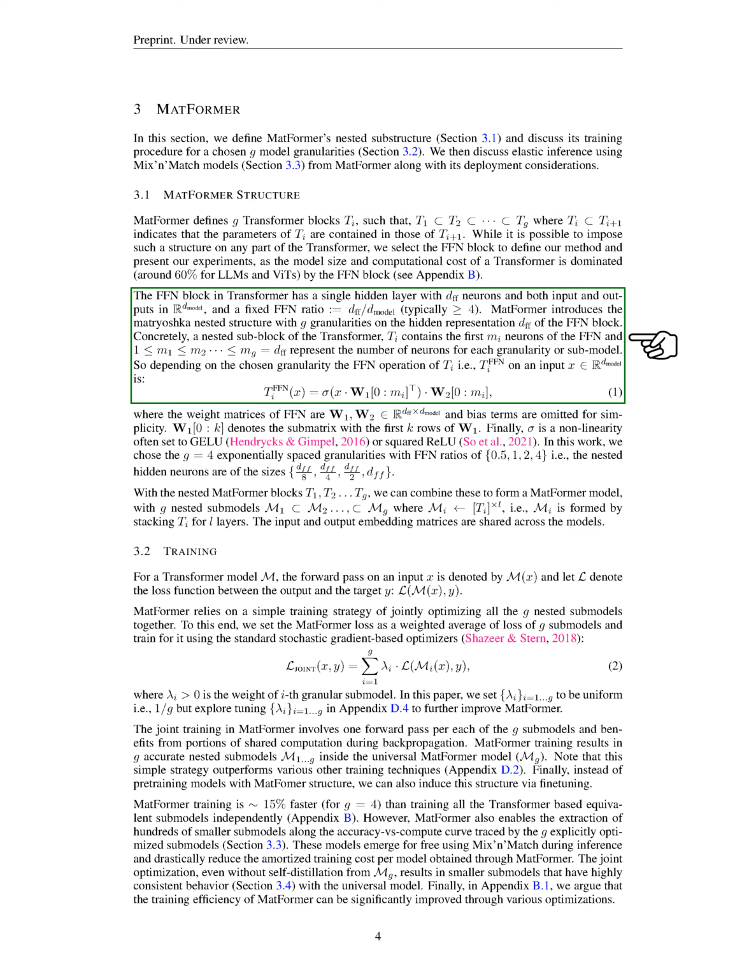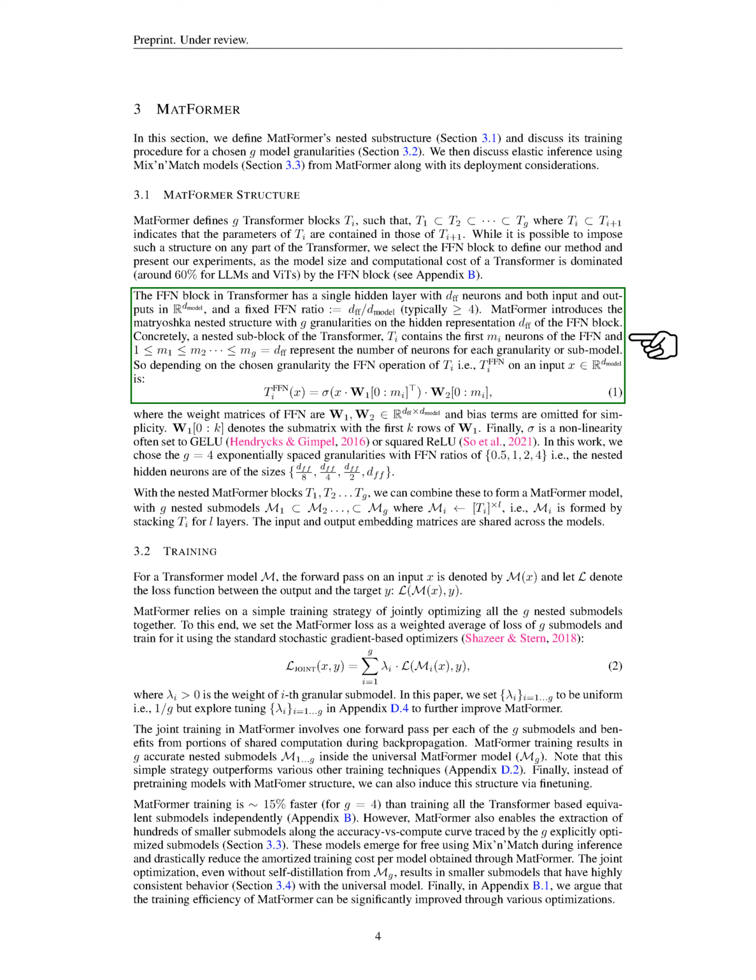MatFormer introduces a nested structure on the hidden representation of the FFN block. Each nested sub-block of the transformer contains the first few neurons of the FFN. Depending on the chosen granularity, the FFN operation of each sub-block is performed on an input. The weight matrices of the FFN are used in this operation, and bias terms are omitted for simplicity.